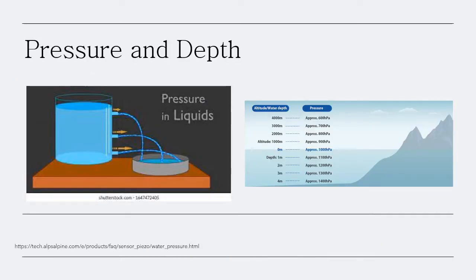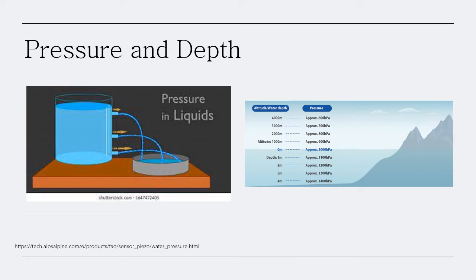Now let's talk about the relationship of pressure and depth. Remember, fluids exert a pressure in all directions on an object.